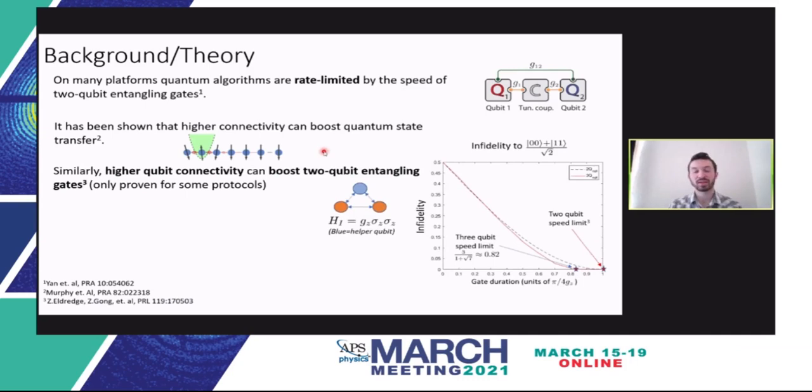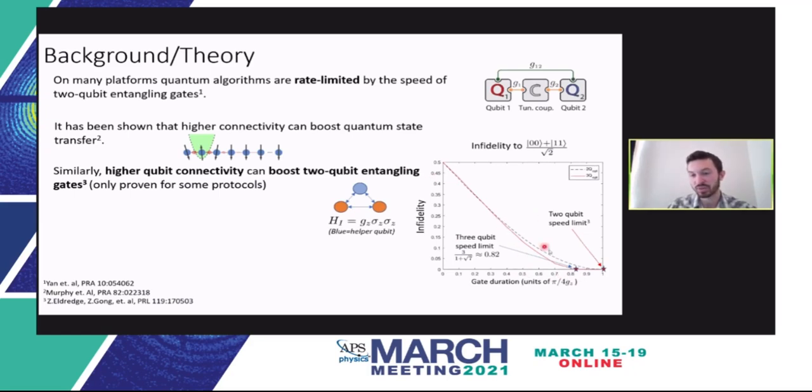So this is where we get into the bulk of the theory behind this project, which is that while the analytical expression exists for going between two energy eigenstates, we've started to develop the analytical expressions for generating entangled states. And for some protocols, we can get an analytical expression. So here we have a speed up.